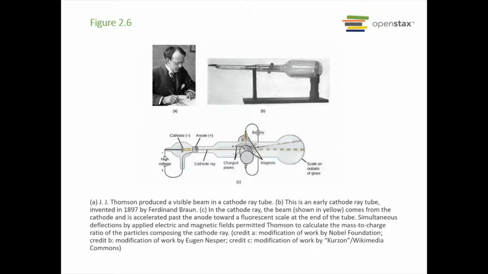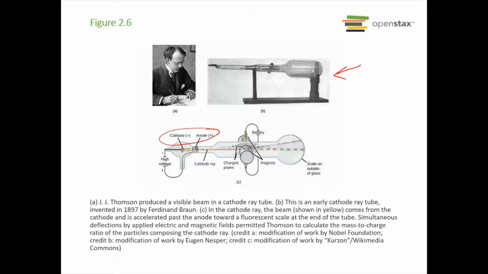So here's the cathode ray tube that was used by Thomson. This is an early one up in B, and then in C, this is kind of giving you an example. So the beam comes through, it's this yellow beam here. You have the positive, negative, and positive end, and you've got this beam of particles coming along.